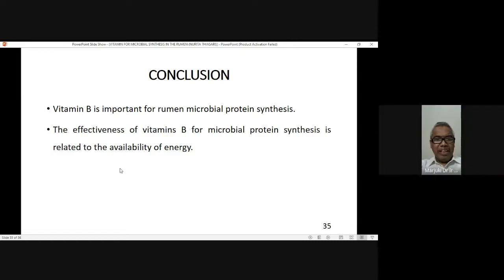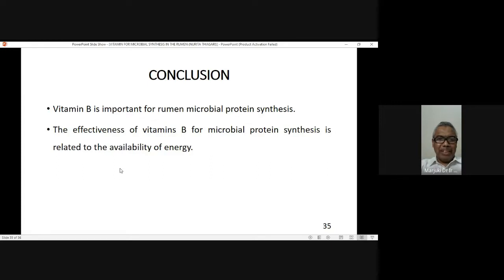Is that your research for the PhD program, Nurita, regarding vitamins? Yes, Professor. Then you have a very complex topic, I think, because as you mentioned, vitamins cannot stand by themselves. They have to interact with other vitamins, because vitamins are mostly involved in biochemical processes as enzymes or coenzymes.